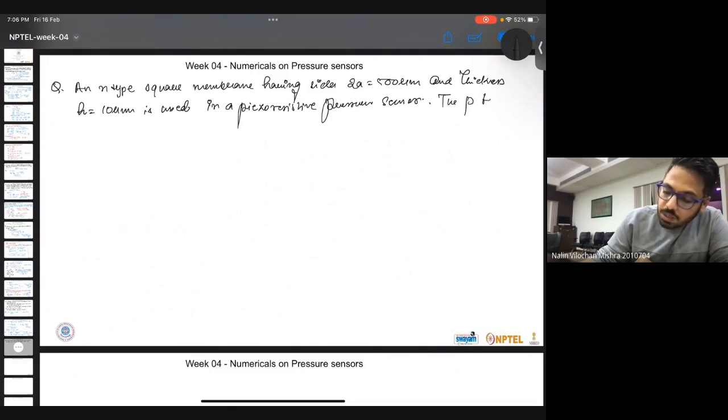The P type piezoresistor with R is equals to 1 kilo ohm.